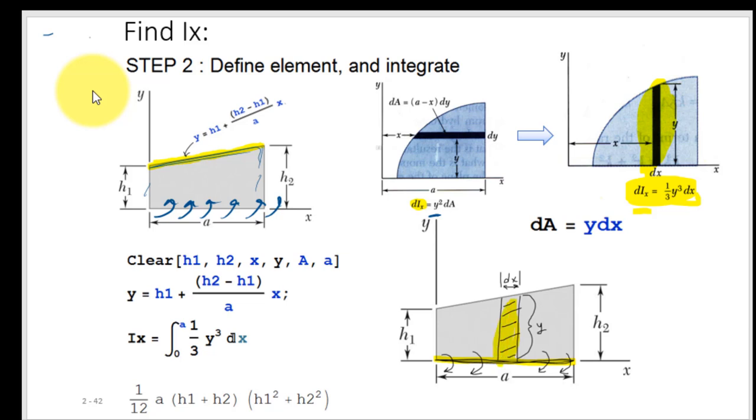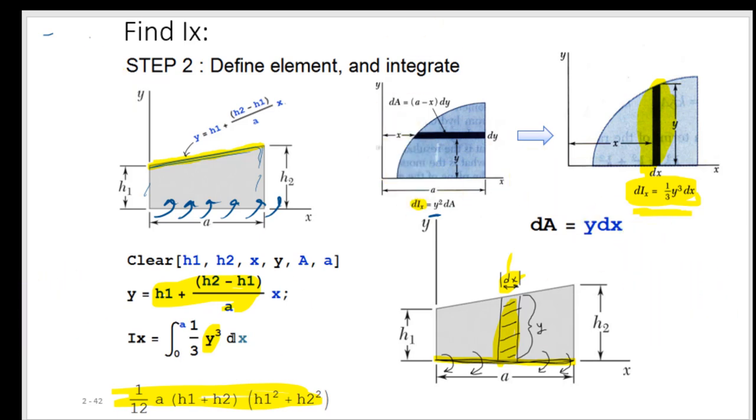So using this 1/3 trick, we can define our element as simply that height, which is going to be our entire equation, right? So we're going to plug this entire equation in here for y and then integrate with respect to x. So remember that 1/3 trick because that can really help you. So here's our inertia with respect to the x-axis here.